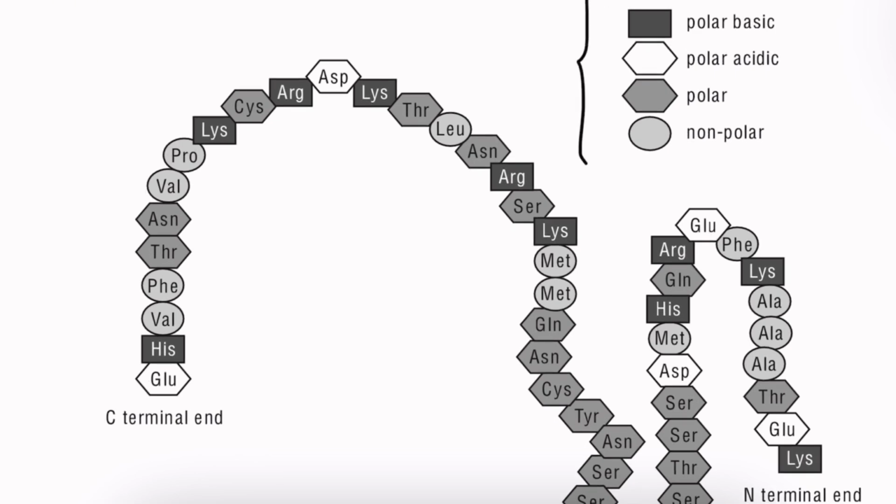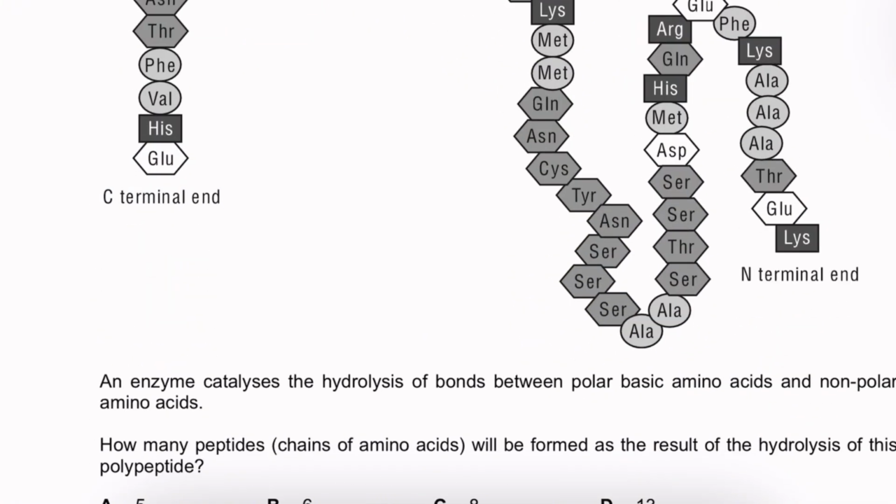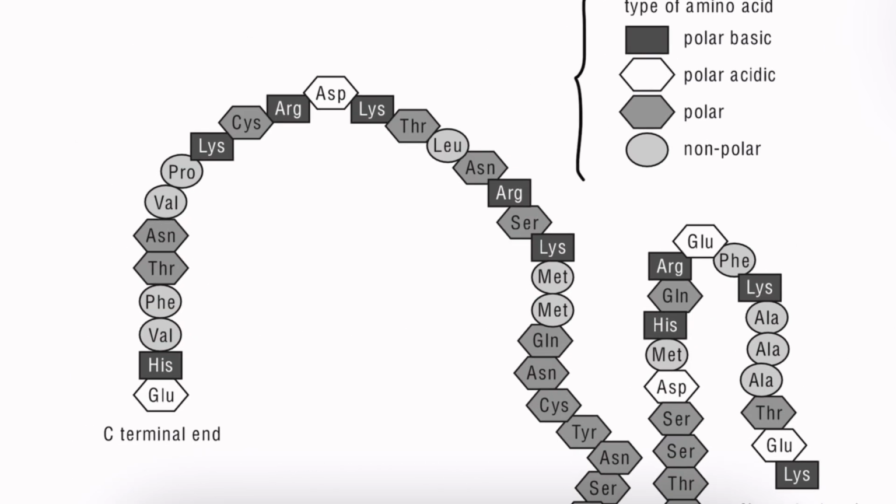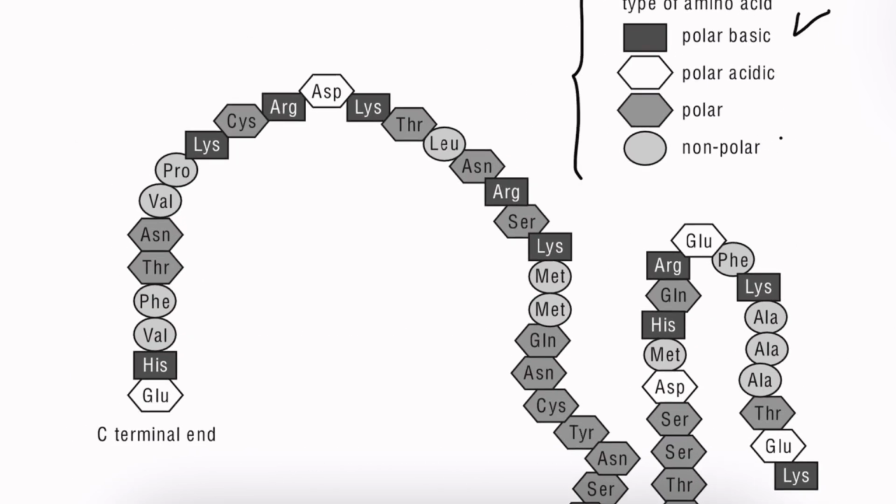The ones that are polar basic are the dark square ones, and the ones that are polar acidic are hexagonal and light, and polar is just hexagon and darker, and then non-polar is a spherical looking one. So the enzyme catalyzes bonds specifically between polar basic and non-polar amino acids, which means we're looking for this one and this one. Okay, so any square and a circle.